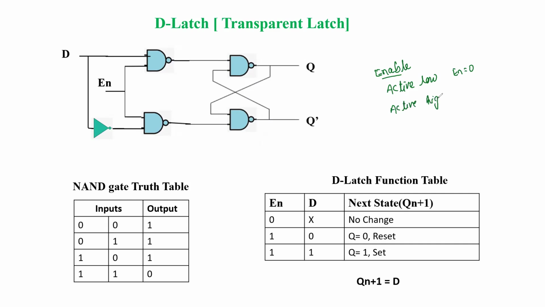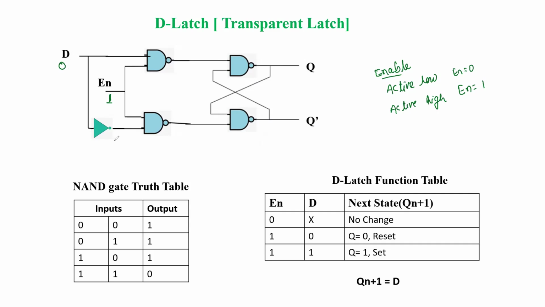So in the active high enable, we have EN equal to 1, then we are going to get the desired output. So now since here we are taking the condition of the active high enable, so enable is 1 for us, and here D we are going to give input as the 0, so D is 0 here.